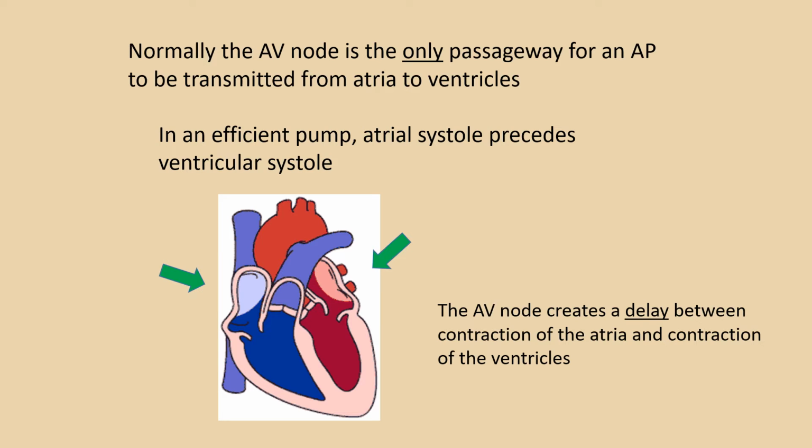And then later, the ventricles will contract to eject most of that blood out of the heart. So in order to create this delay that allows the atria to contract before the ventricles, the only way in which the action potential can be transmitted from the atria into the ventricles is through the AV node.